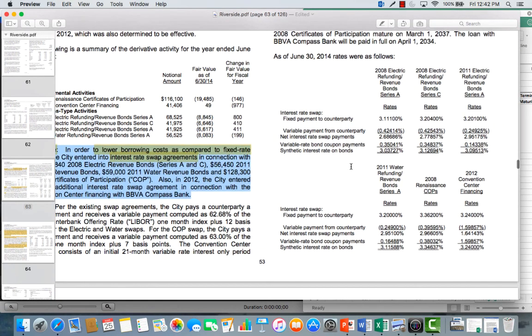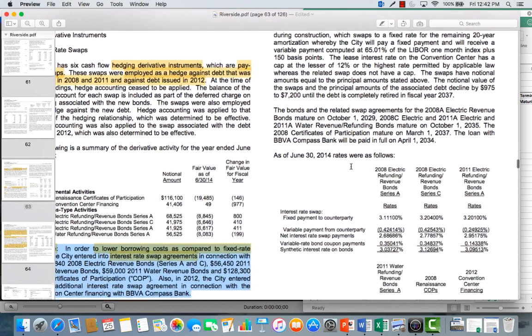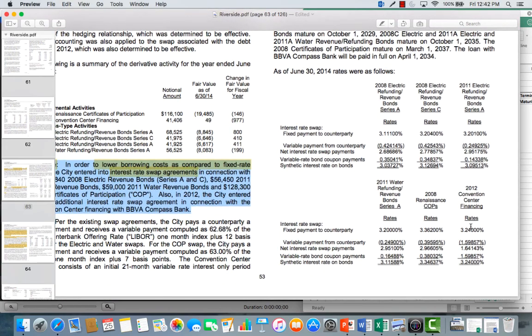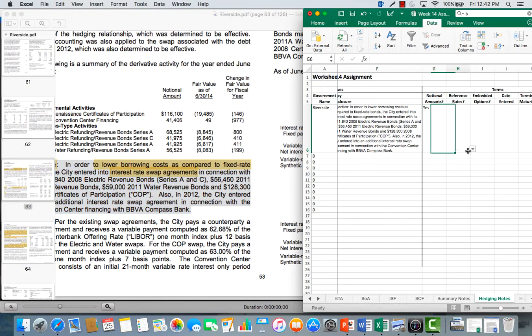And toward the end of this section, after referring to many of them, they present this big table here that shows all of the rates, including what the fixed payments are, what the variable payments are, what the net rates are. Yes, in fact, they do disclose the reference rates.